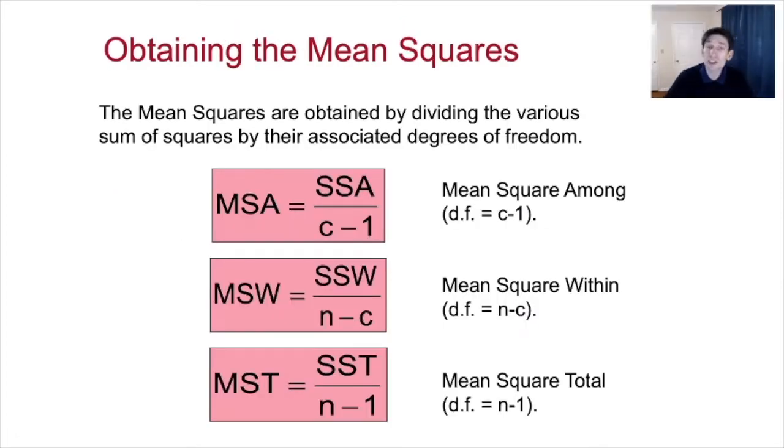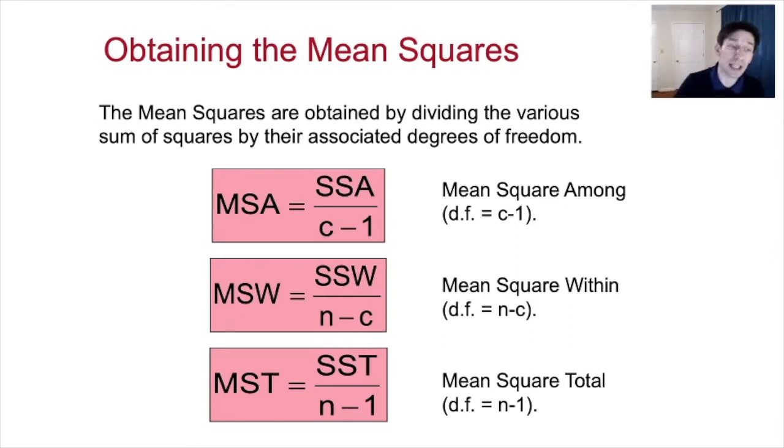So we've introduced 3 new concepts, the SSA, SSW, and SST, where SSA plus SSW equals SST. And those stand for the sums of squares. And now we've introduced 3 more concepts, which are the mean squares: the mean squared among, the mean squared within, and the mean squared total.